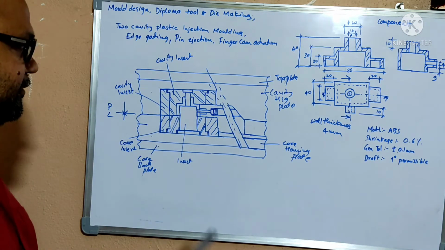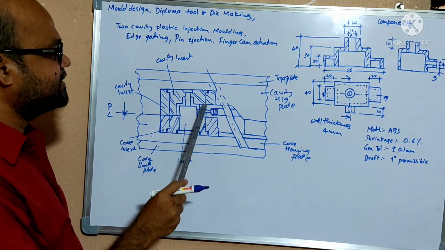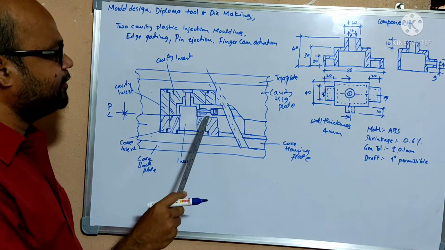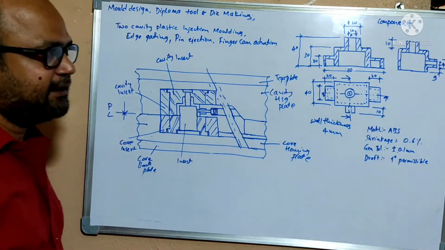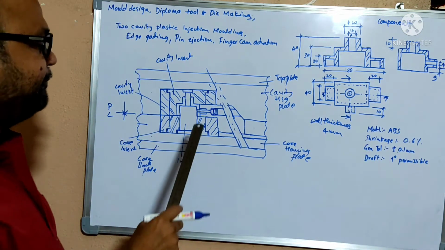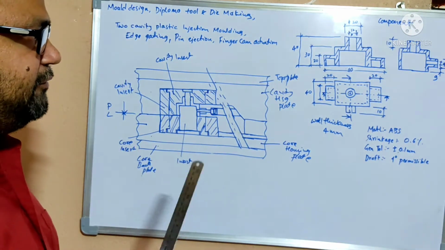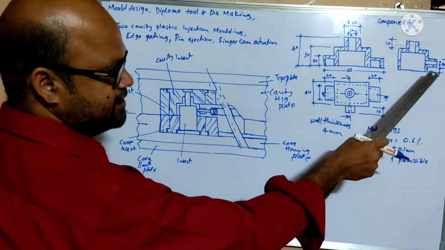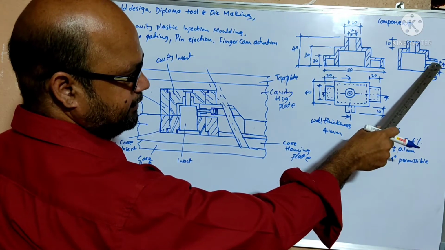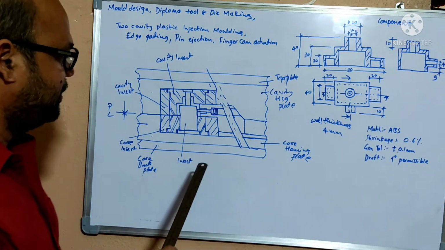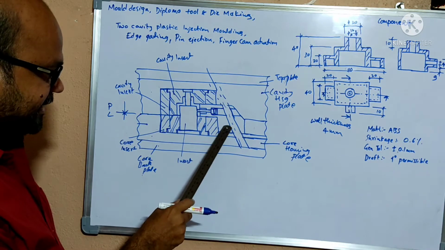You are observing the cavity insert which gives the external profile of the component, except the boss of diameter 12 and the pin of diameter 4, which is actually used for this hole. This hole will be made through the pin which is used in the side core.